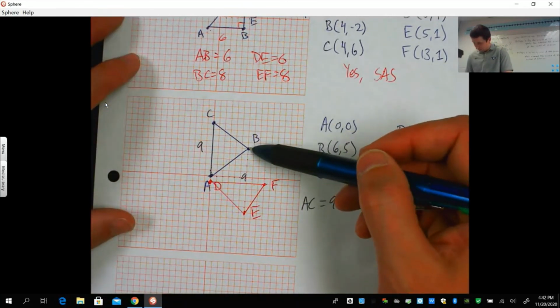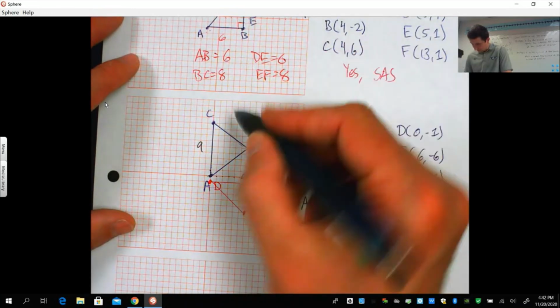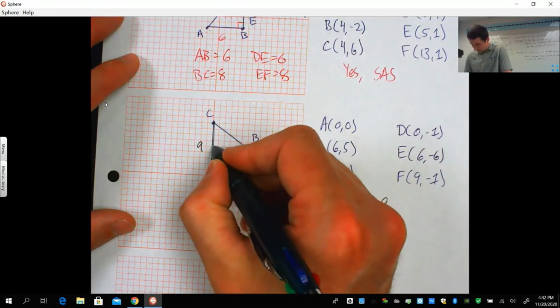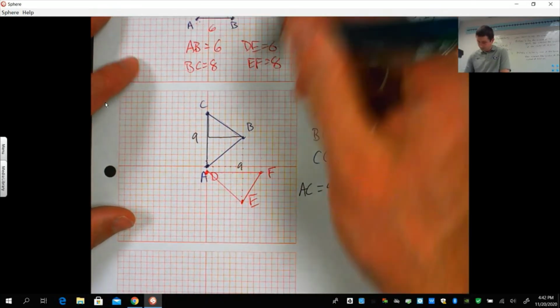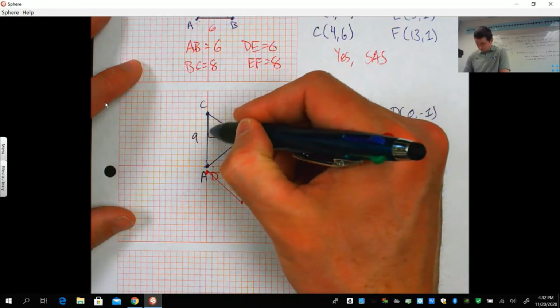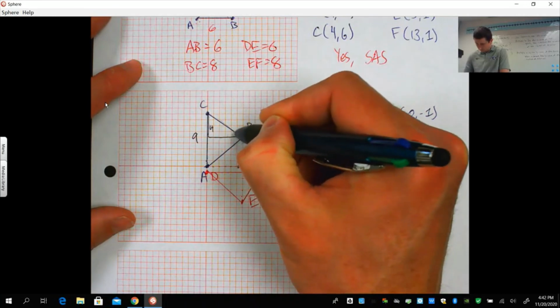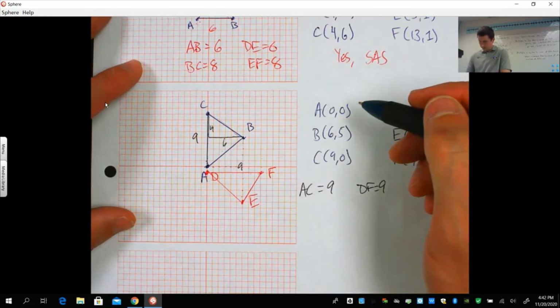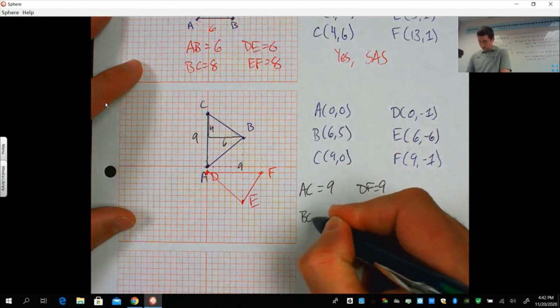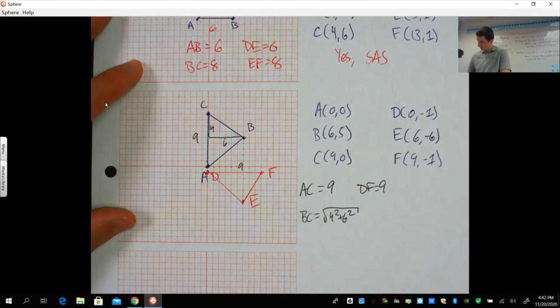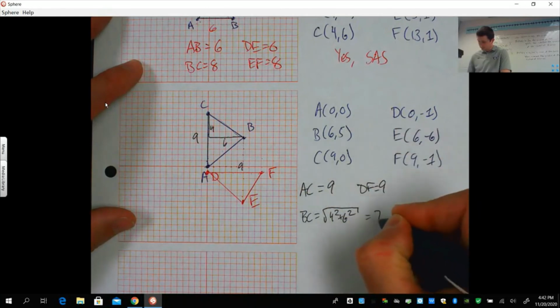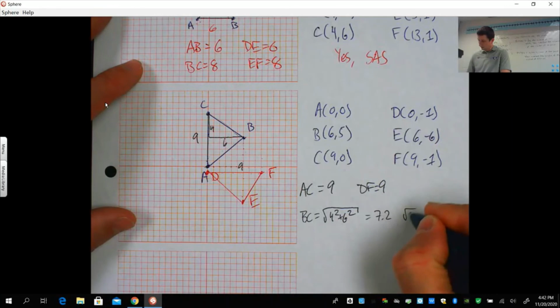Let's say C to B. If I'm trying to find that length, I can use the distance formula. This is 4 and 6. So BC would be the square root of 4 squared plus 6 squared. The square root of that is about 7.2. Square root of 52, that's what it is.